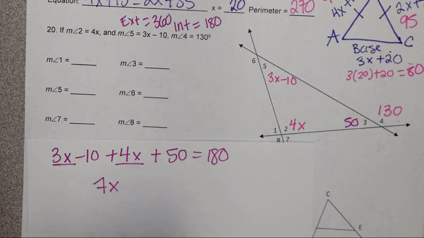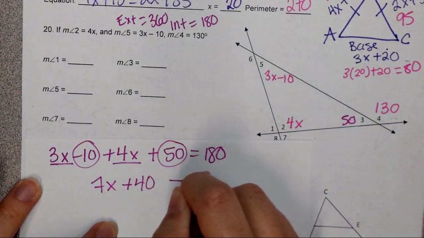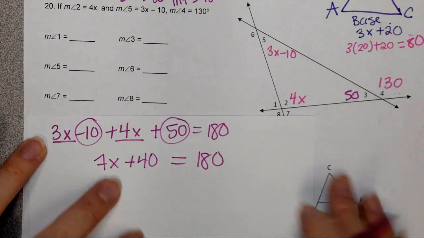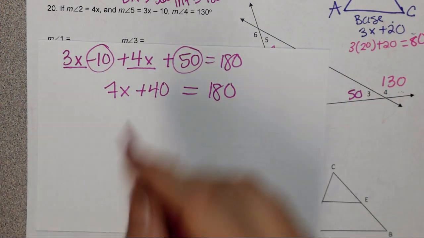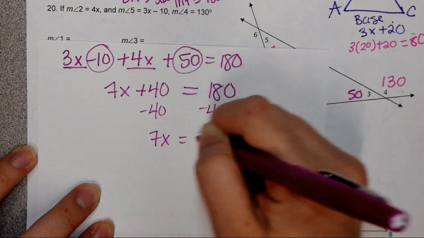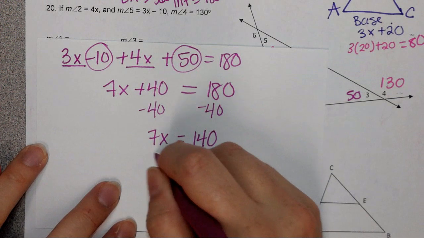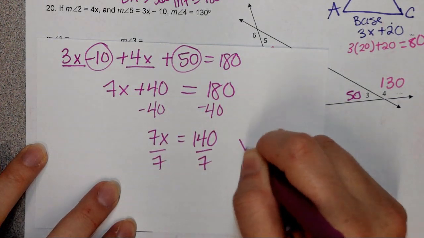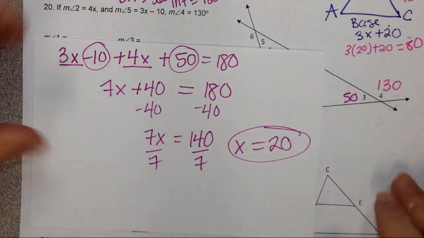Negative 10 plus 50 gives us 40 is equal to 180. Okay. Minus 40 minus 40, 7x is equal to 140. Divide by 7. We get that x is 20.